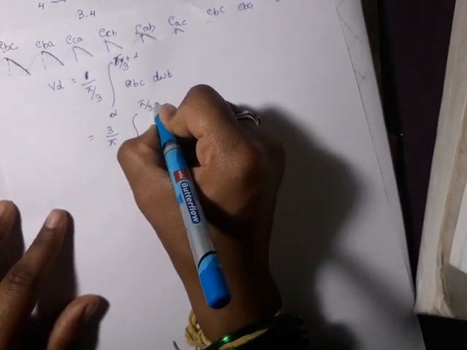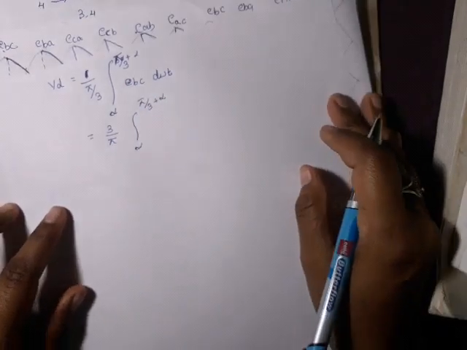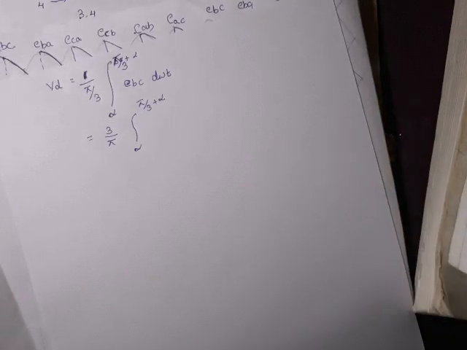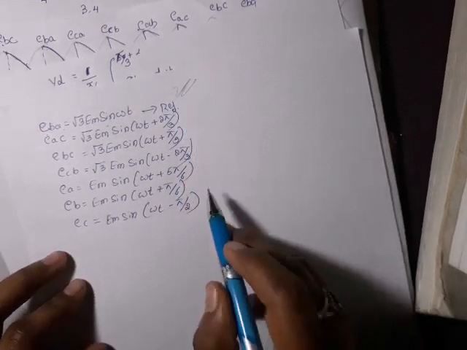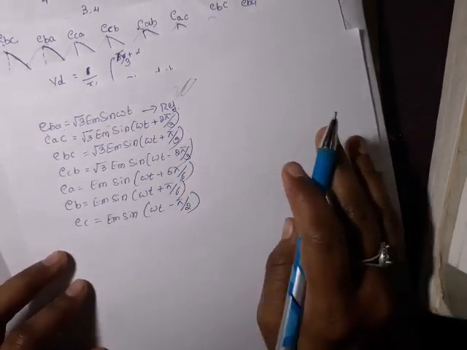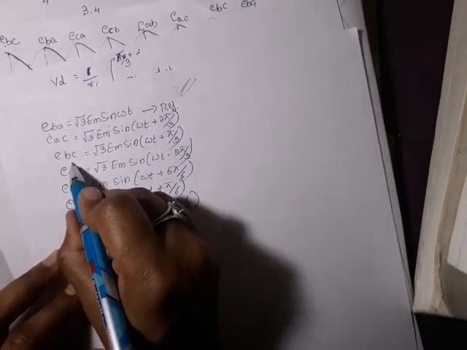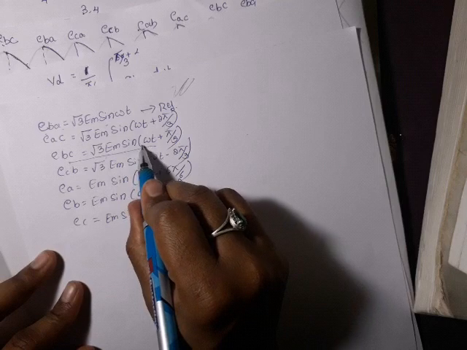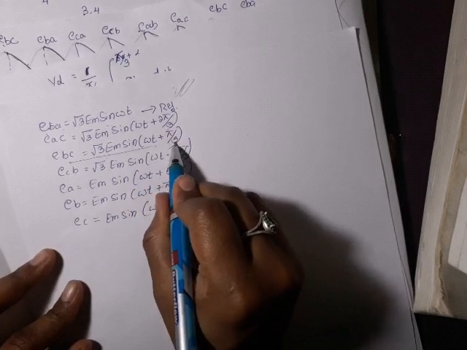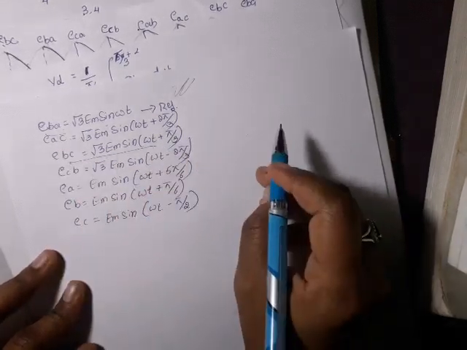We have written the phase relationship between phase voltage and line voltage. Hope you can cross verify your notes. We have this list, which we derived from the triangle. So here we have EBC. What is EBC? Root 3 Em sin of omega t plus pi by 3, taking EBA as a reference.